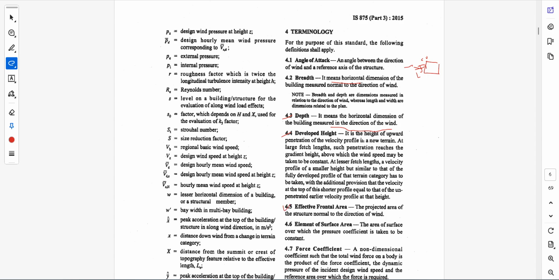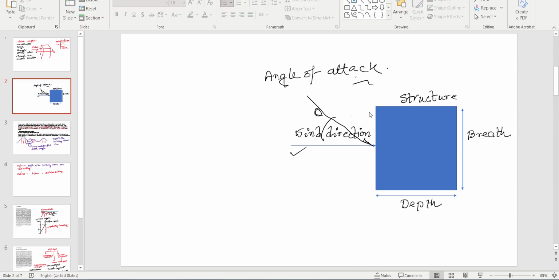Now developed height. The effective frontal area, that means the area within this portion through which the wind is obstructed, is called the effective frontal area.